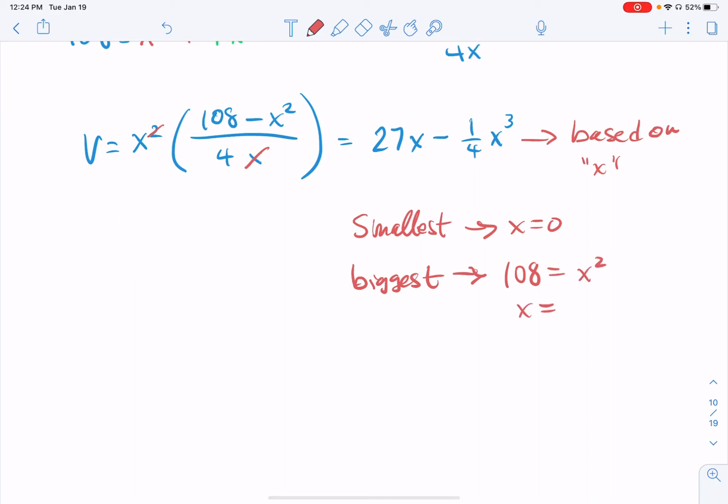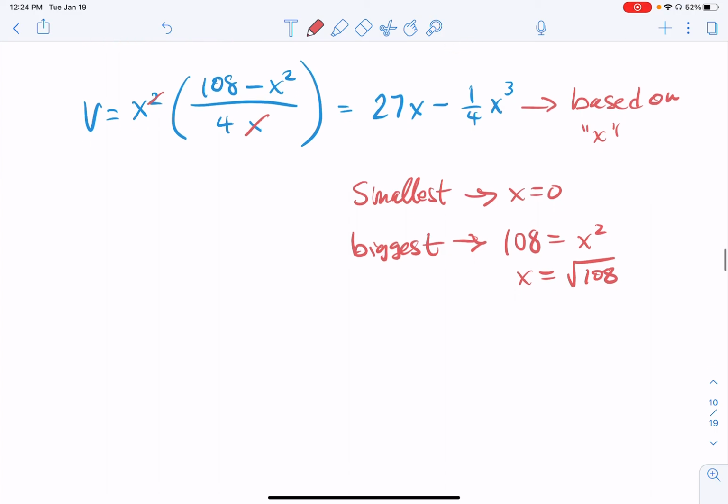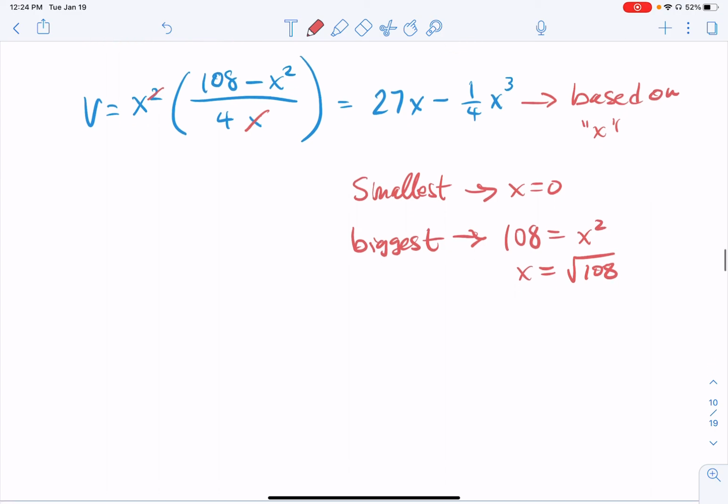We have x is equal to the square root of 108. But it can't be the square root of 108 because you don't have a box here. So our feasible domain, written as an inequality, is going to be 0 is less than x, which is less than the square root of 108. There we go. Remember how vital that step is.